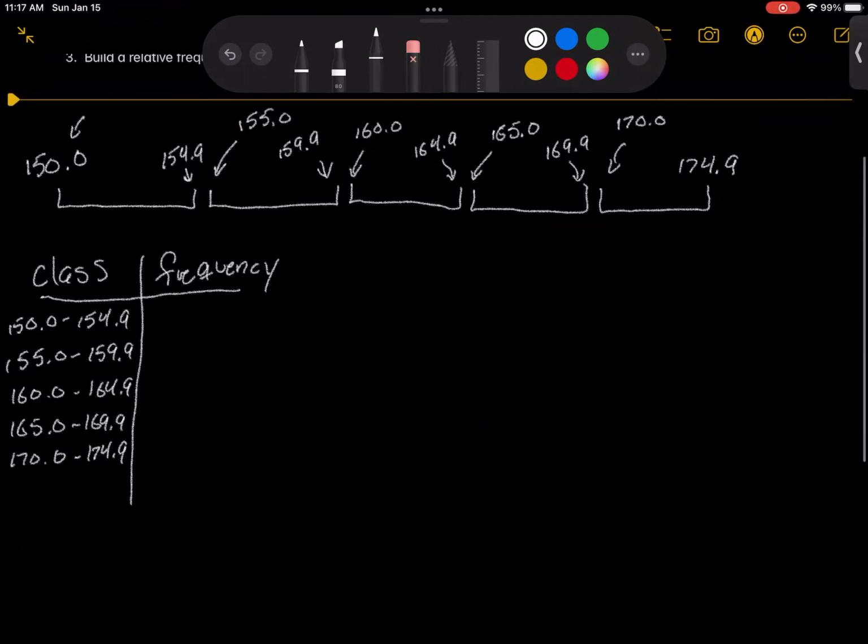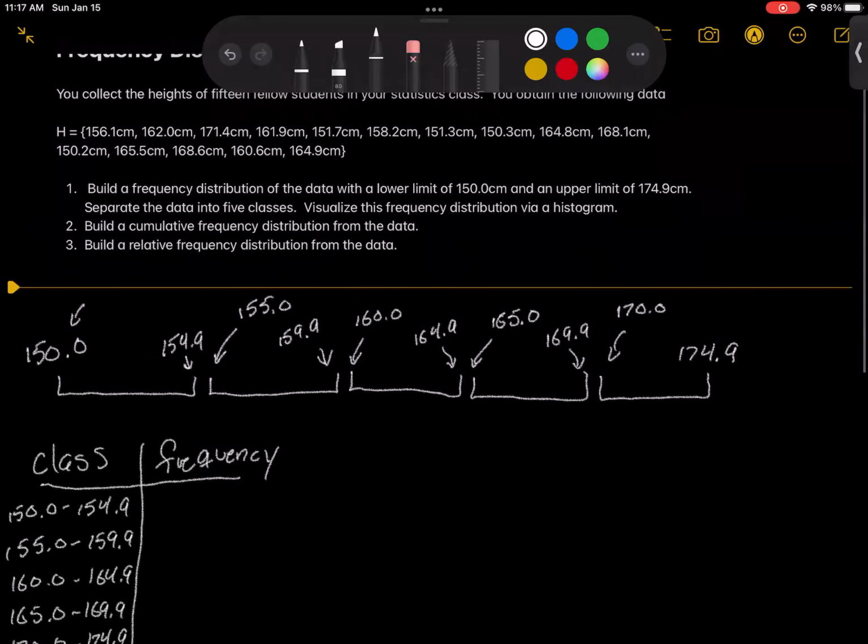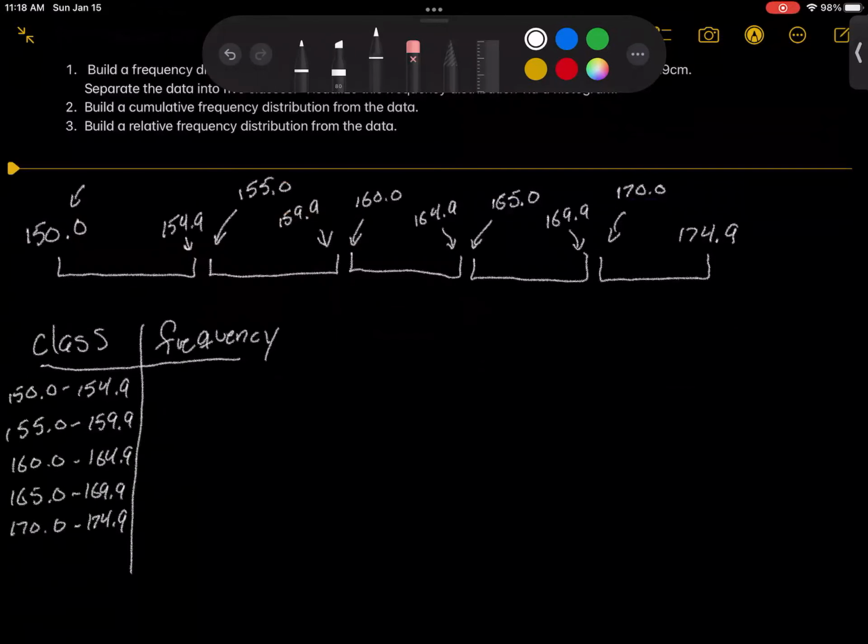All right, now we just have to go through our data set and count how many are in each class. So this would be a good point if you wanted to reorder the data set H. You can do that by hand, but because we have 15 values here, it'd be a good idea to put this into Excel and use their tools so that you can go to data and then go to sort, and you can sort it by value. But long story short, if we fast forward through that process, we see that we have 4 different values inside the first class.